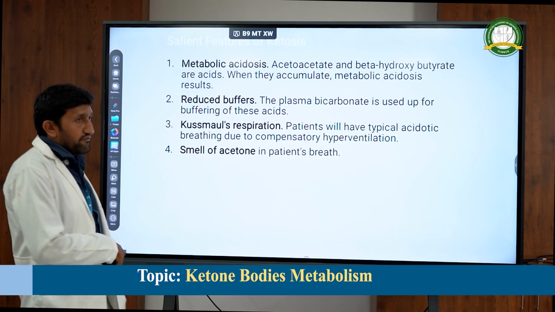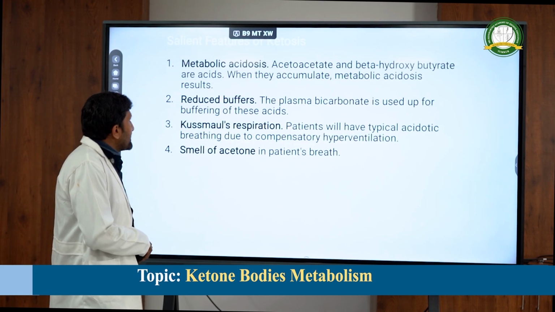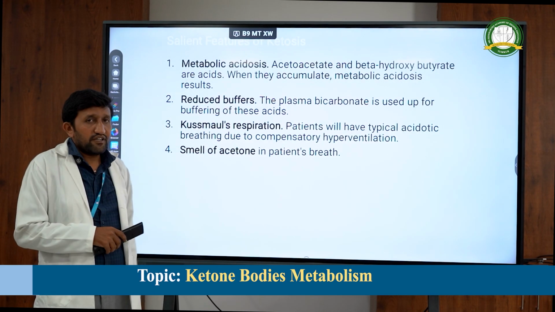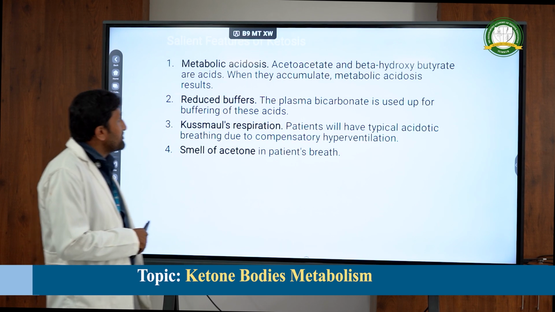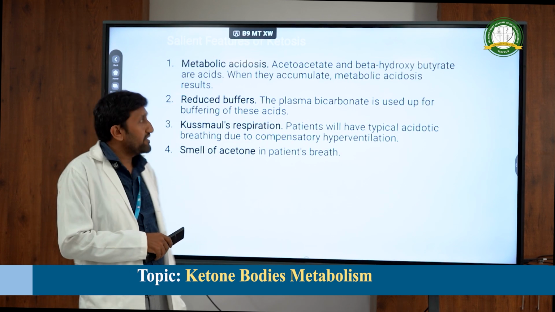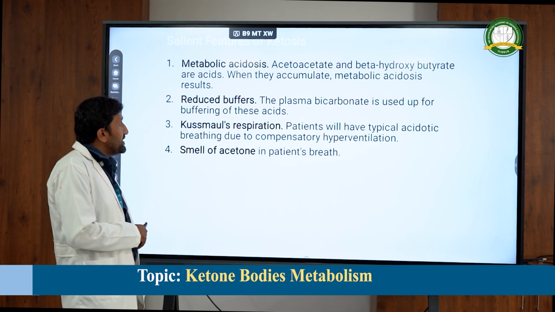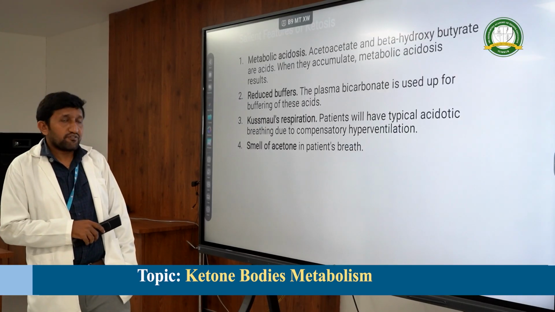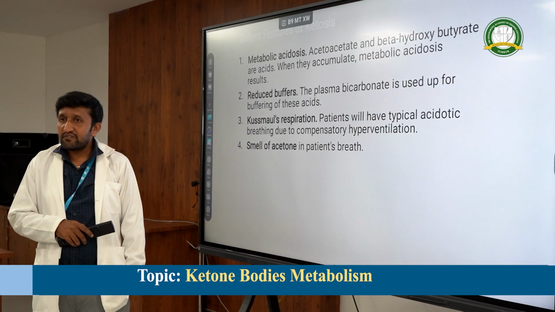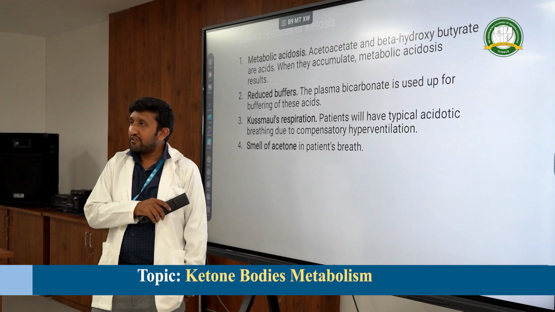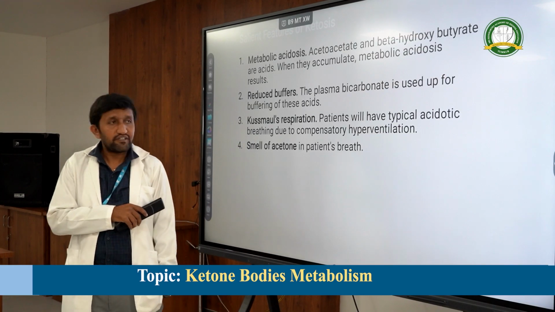Salient features of ketosis: the first one is metabolic acidosis. We can see that because of acetoacetate, beta hydroxybutyrate and acetone, when they accumulate, metabolic acidosis results, because that will decrease our blood pH as it is acidic.